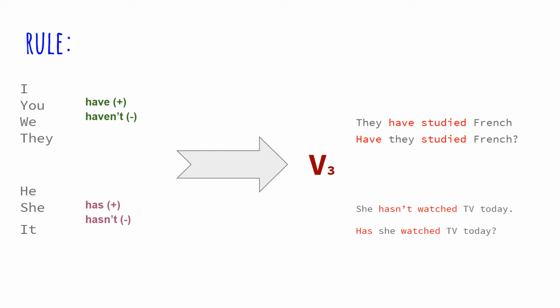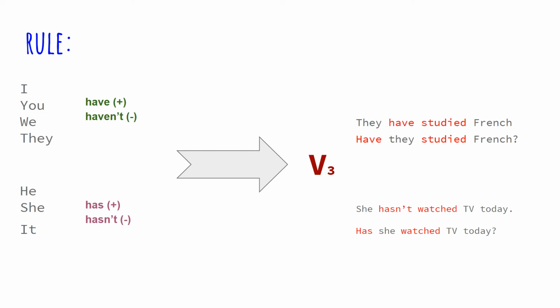If you want to make a question with I, you, we, they, this time you change the place of the person and have. The example could be, have they studied French? As you can see, we have changed the place of have and they to make a question.